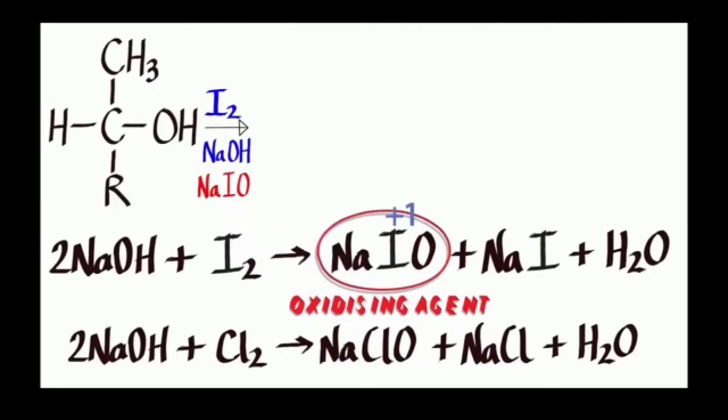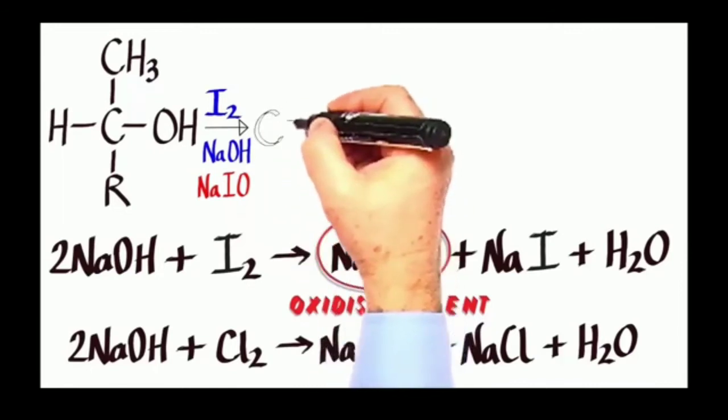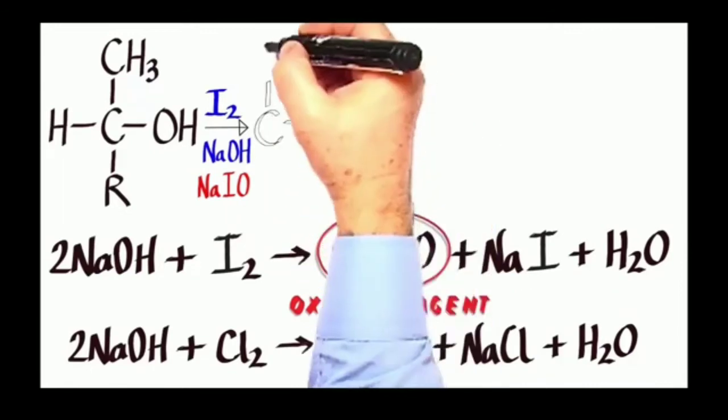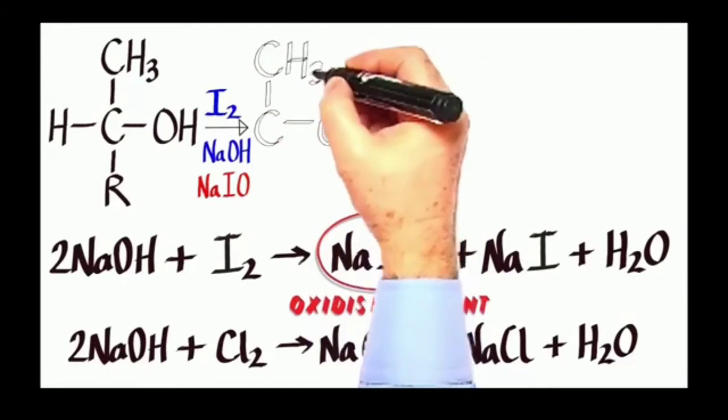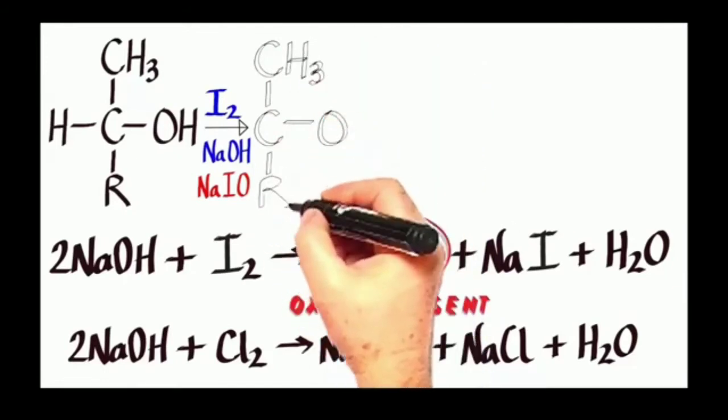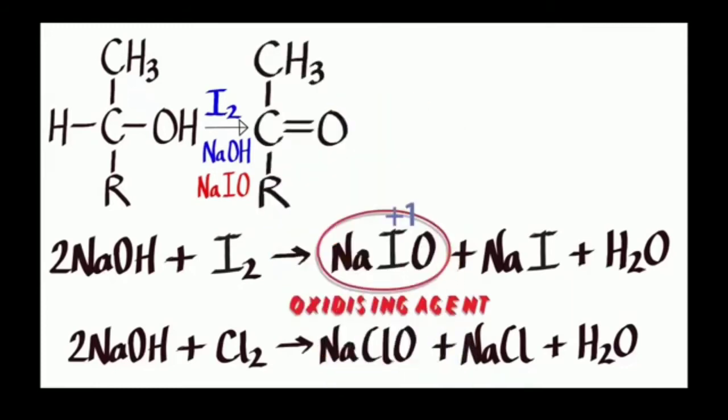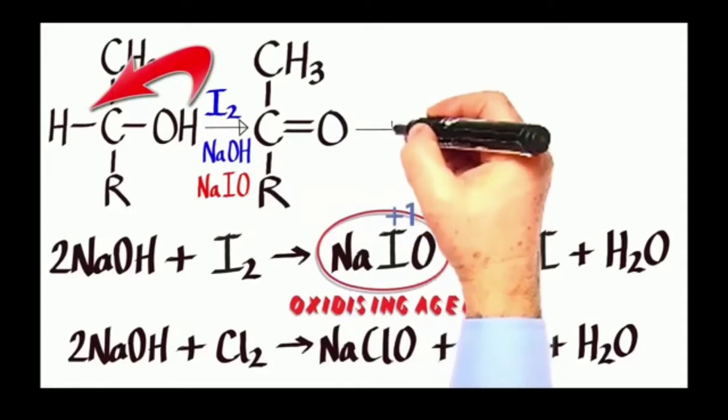Iodine and sodium hydroxide then react as shown in the equation below there to form sodium iodate(I). And it oxidizes that alcohol as follows. You can see that it has removed the H, hence the requirement for the H attached to that carbon holding the functional group.